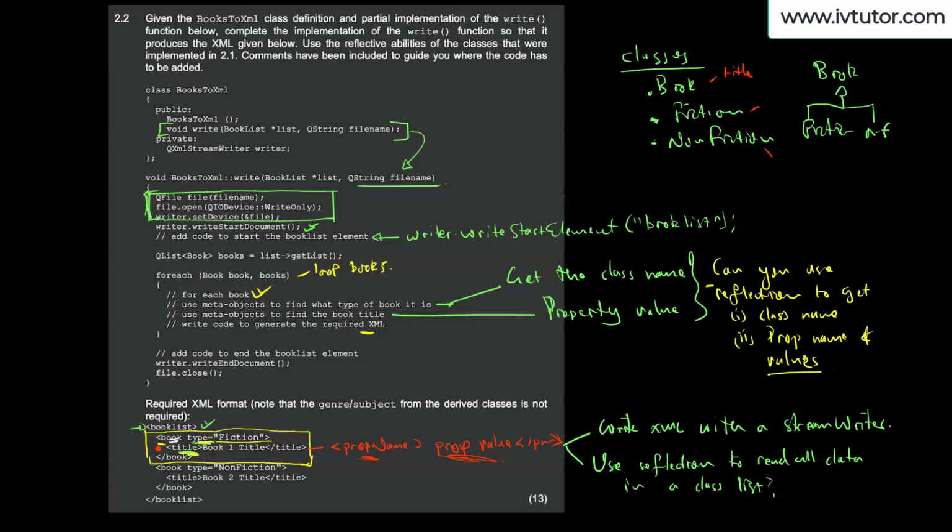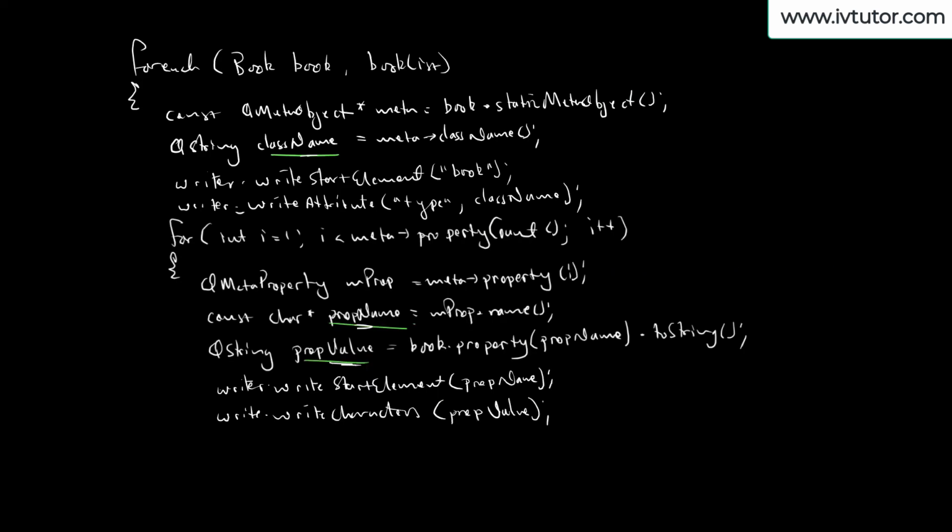Then you close your tag, right? Your title. So I have to go writer dot write end element. This one here closes the property or the title. So outside this loop, so this loop ends here.